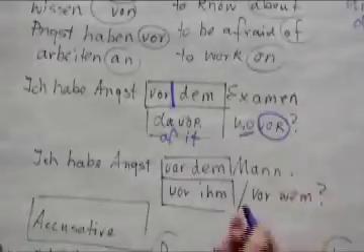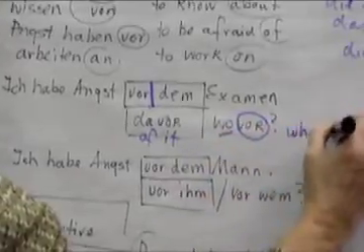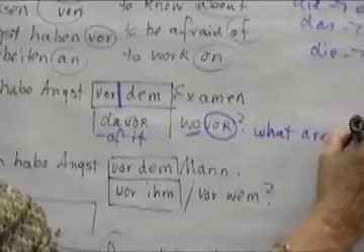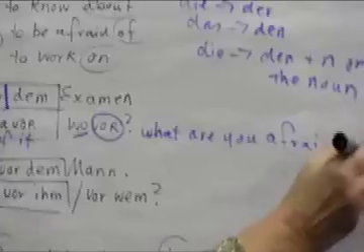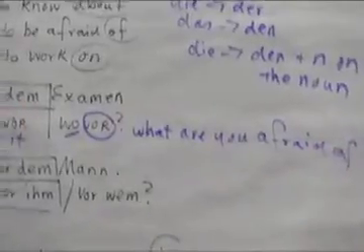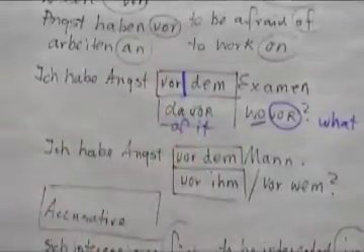Wovor? What are you afraid of? We learned these a little while ago. So, ich habe Angst vor dem Examen, ich habe Angst davor. I'm afraid of the exam, I'm afraid of it.